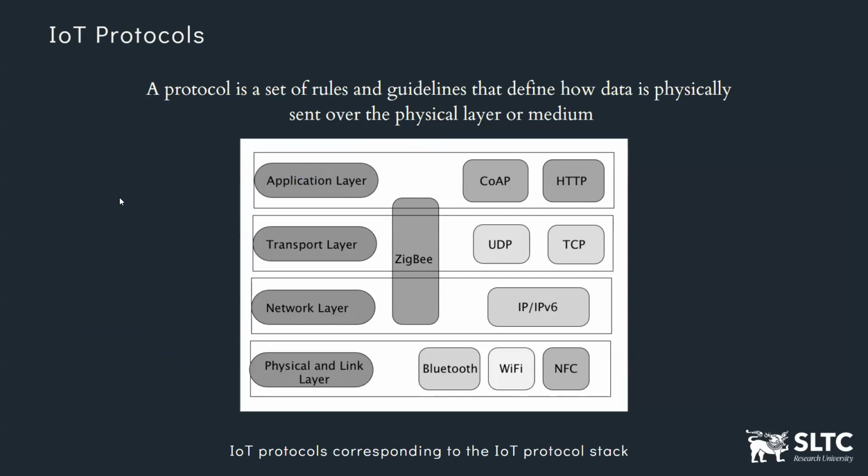Next we need to talk about the IoT protocols. We were talking about the things or the smart objects of the physical design of IoT. The second part of the physical design of IoT is the protocols.